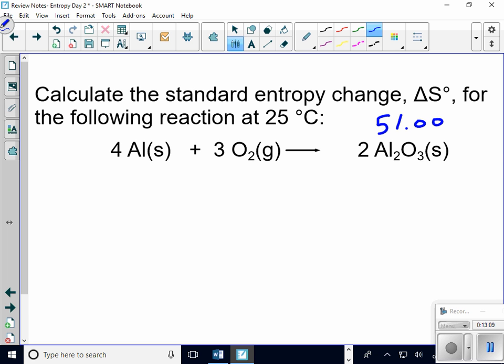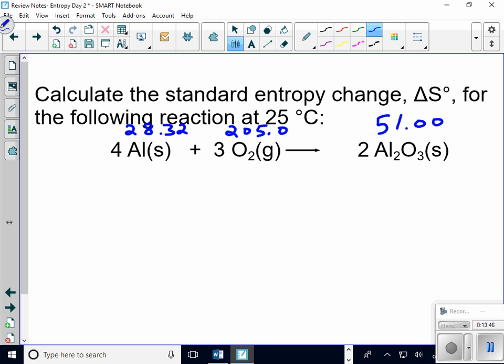They take numbers from wrong columns and work them with different things. What is my entropy for aluminum as a solid? I got 28.32. Would you agree? Now, my final one I've got to get is my entropy of oxygen. It's O2 as a gas, and that is 205.0. Agreed?